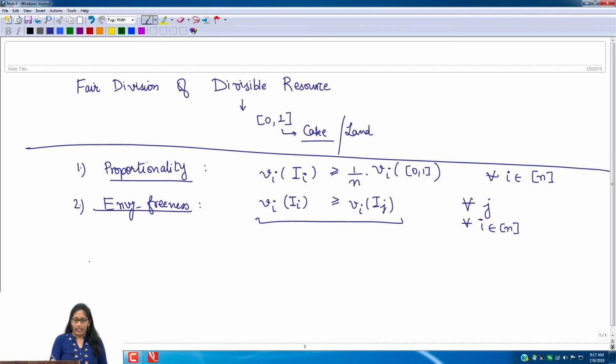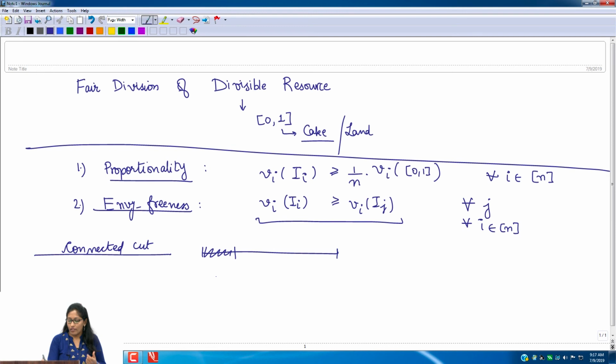Let me first talk about the connected cut. In a connected cut, everyone gets a single interval or a single segment, say this goes to I3 and so on. In this case we saw that an envy-free solution always exists, and we saw it via Sperner's lemma, which we did at the end of yesterday.